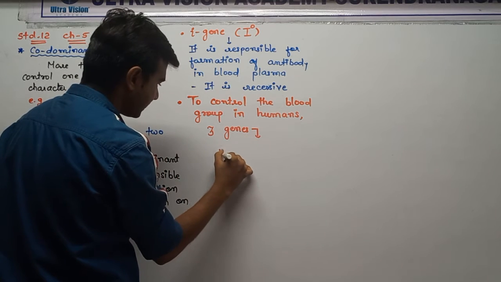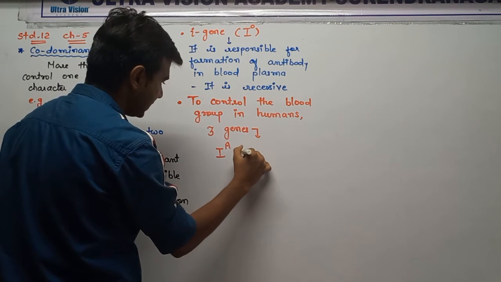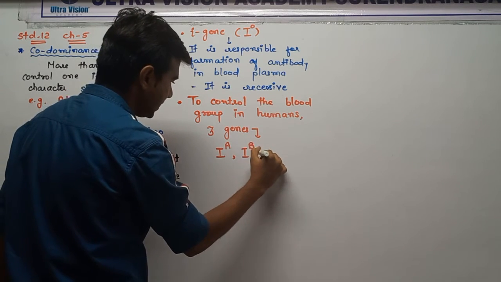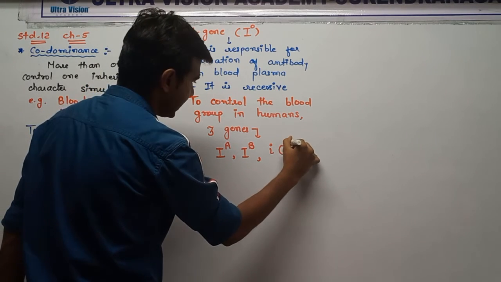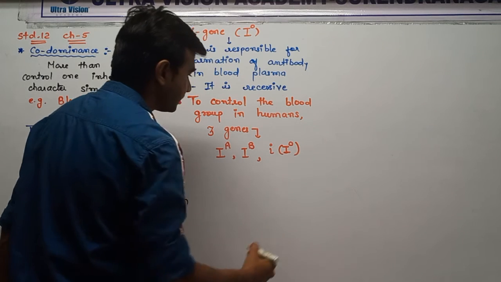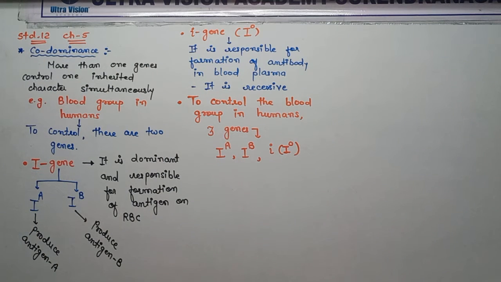Which are these? Capital IA, capital IB, and small i, or you say I0.